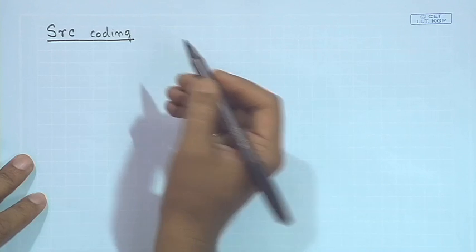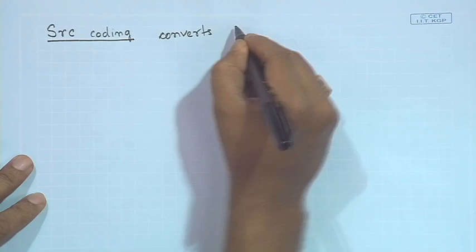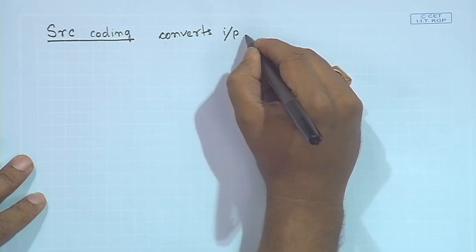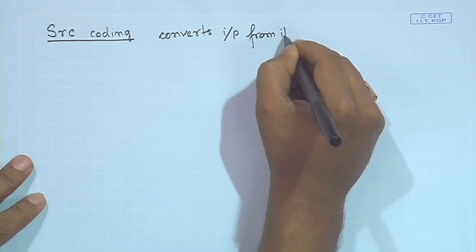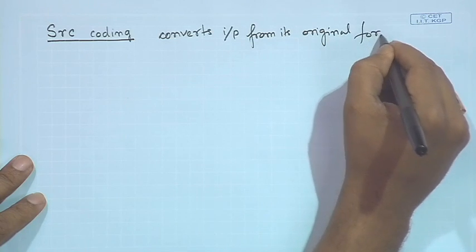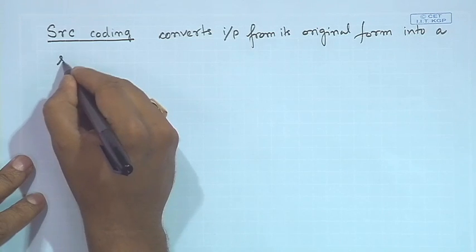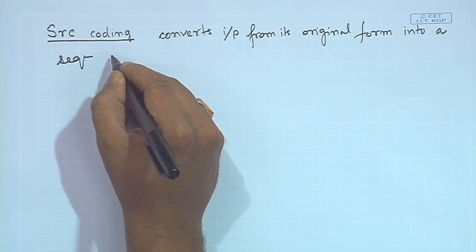We now proceed further and look at the different components. The first thing which comes out of the source and goes into the first block of a communication system is the source encoder. When we talk about source coding, it basically converts the input from its original form into a sequence of bits.